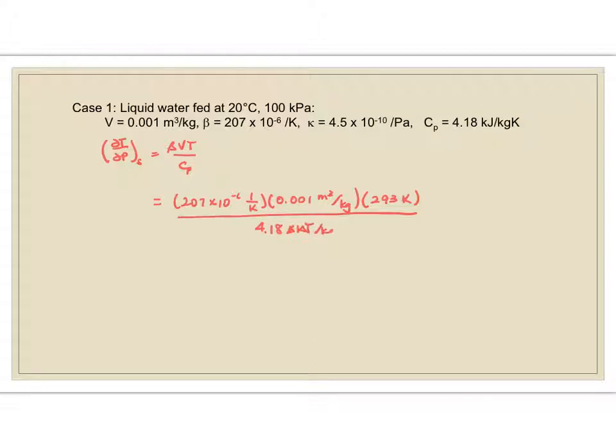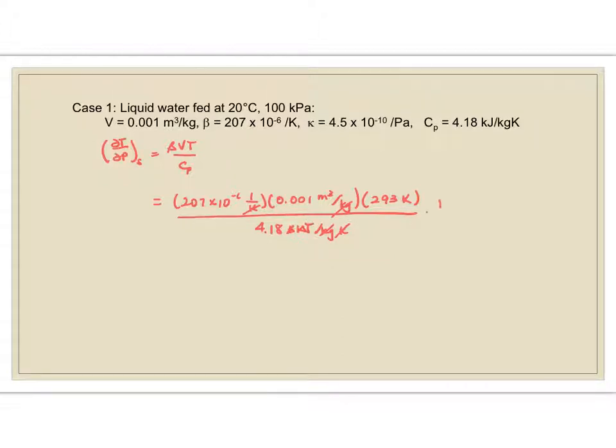kilojoules per kilogram Kelvin. So my per kelvins cancel out, per kilogram cancels out, and I have meters cubed, kelvins, and per kilojoule left.